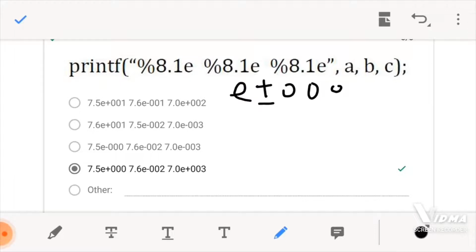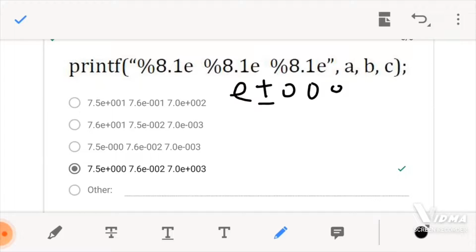Now all of these can be replaced by any other number. So for the first one, which is A, we realize that A was initialized to be 7.5 with a precision of 1. Let us take note of it. It was initialized with a minimum filled width of 8 points, and a precision of 1.